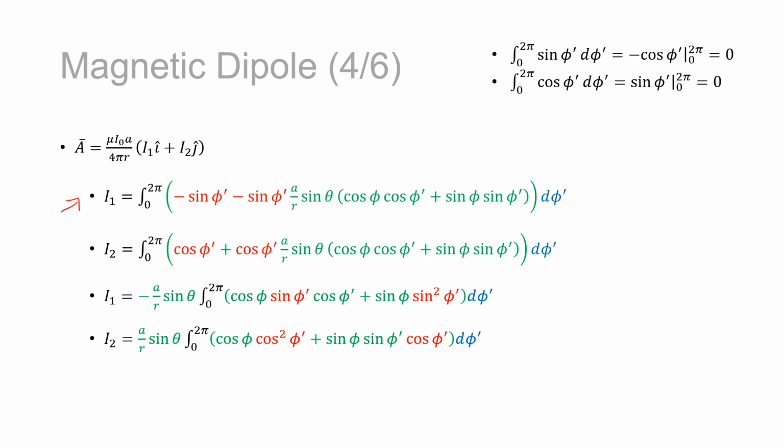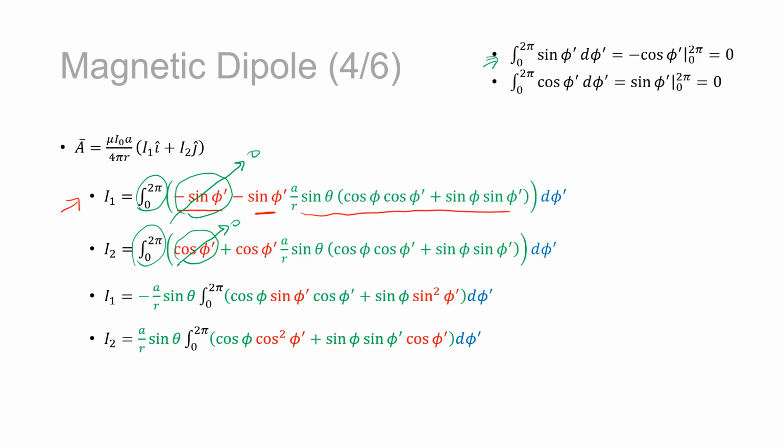For example, in I1, you will find two terms, sine phi dash and sine phi dash multiplied by another term, which is also a function of cosine phi dash and sine phi dash. First of all, this specific term will reduce to zero because you are integrating from 0 to pi. Likewise, cosine phi dash here will reduce to zero because you are integrating from 0 to pi.